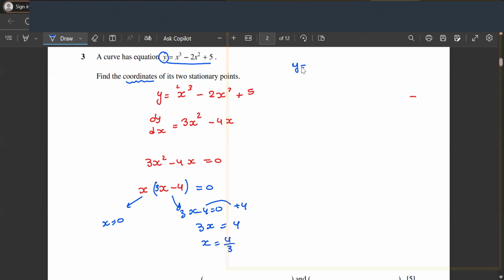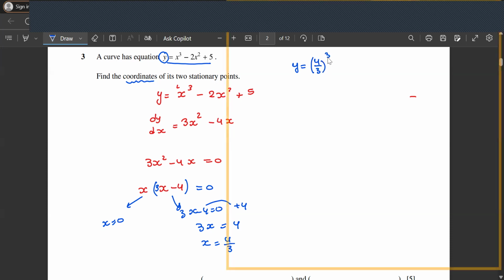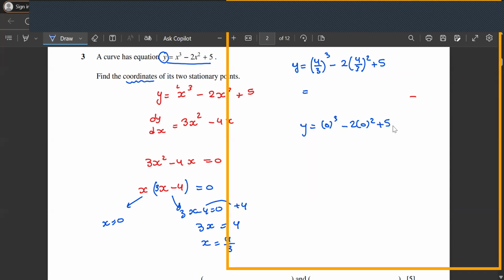So y equals, instead of x power 3, I am going to write 4 over 3 power 3 minus 2 times 4 over 3 power 2 plus 5. Okay, and another time it will be 0 power 3 minus 2 times 0 power 2 plus 5. This is at x equals 0 and this is at x equals 4 over 3.